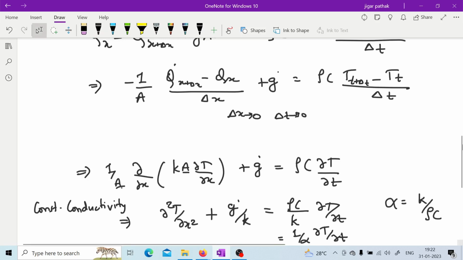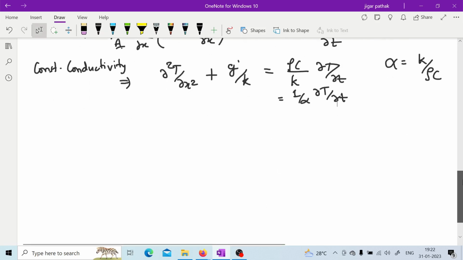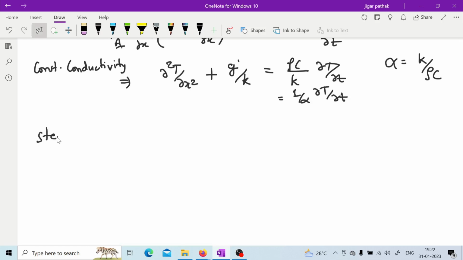Now once you have this equation, which gives 1D heat transfer in a plane wall, then you can consider different cases here also. If it is steady state, then change with respect to time will be 0, right? So you can write in that case del square T upon del x square plus G by K is equal to 0.